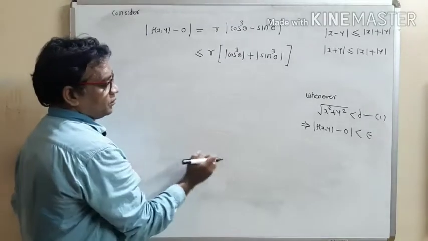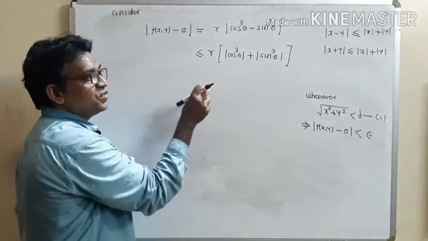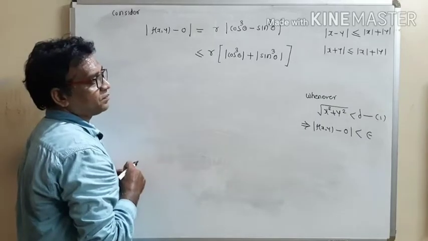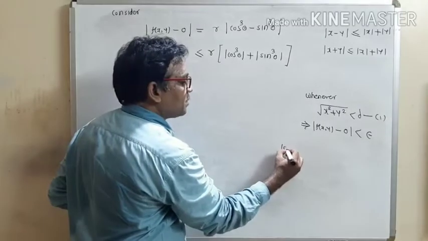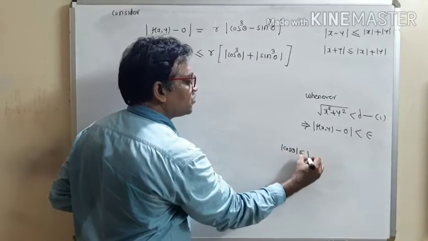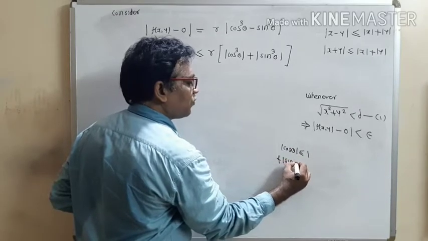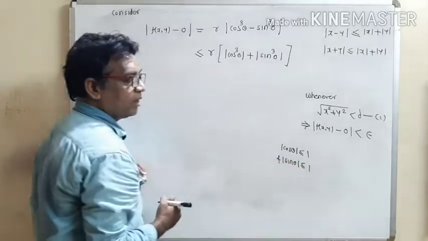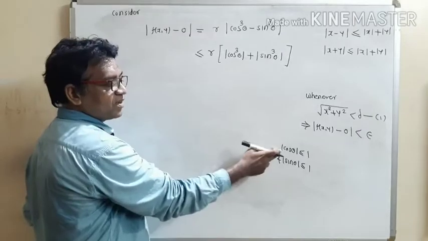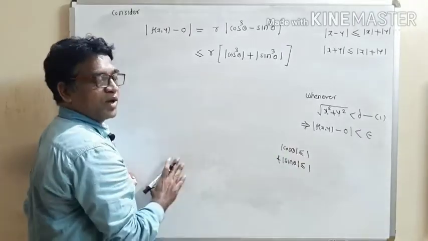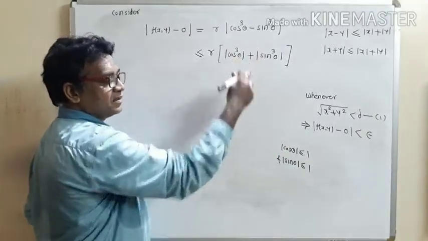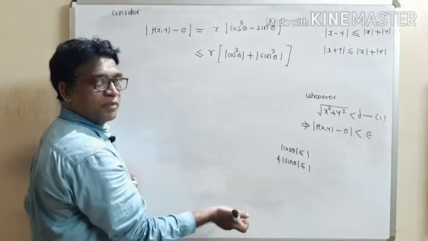Now we can use the maximum value. The maximum value for cos theta is 1 and the maximum value for sin theta is 1. Whenever there is cos theta, we can replace it by the maximum value 1, and whenever there is sin theta, we can replace it by the maximum value 1.